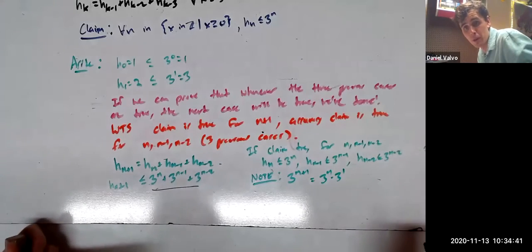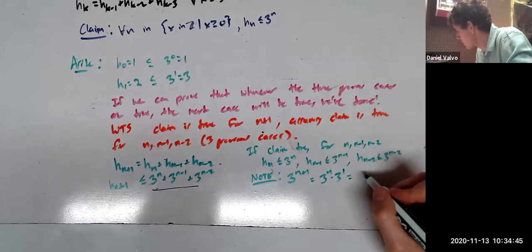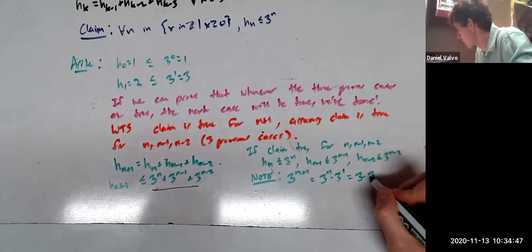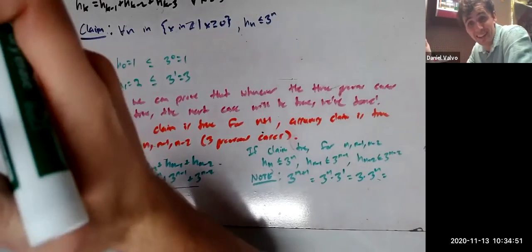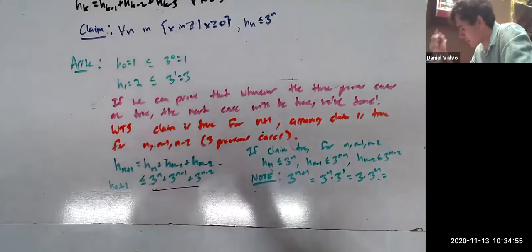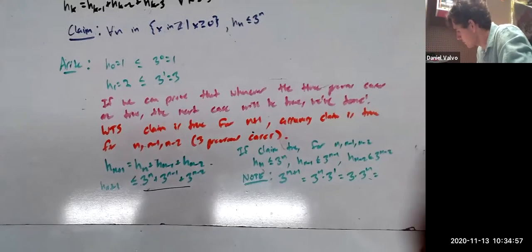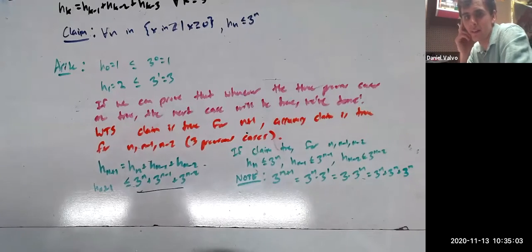That's just an exponent rule. And then, I'm just going to change the order here. That's just 3 times 3 to the n. And what does 3 times 3 to the n mean? If we don't overthink it, it's 3 to the n added to itself 3 times. So this is just 3 to the n plus 3 to the n plus 3 to the n.